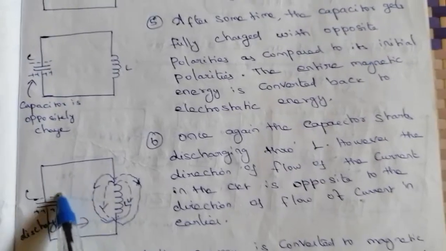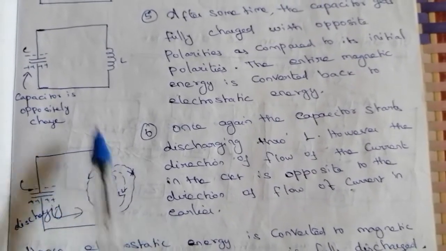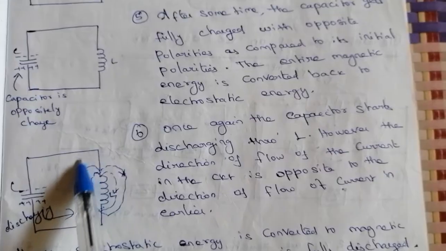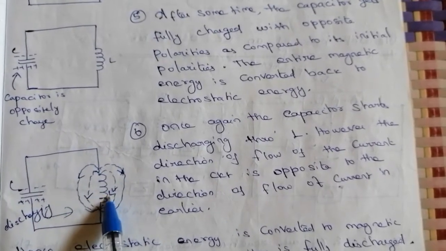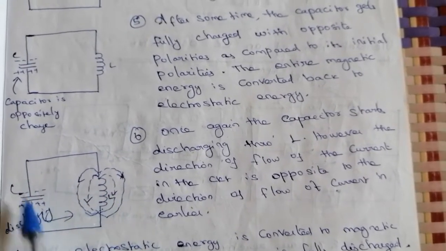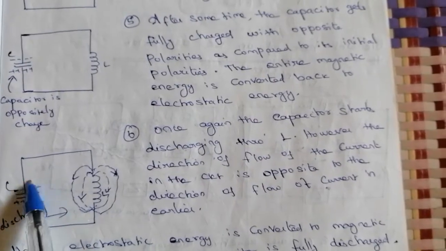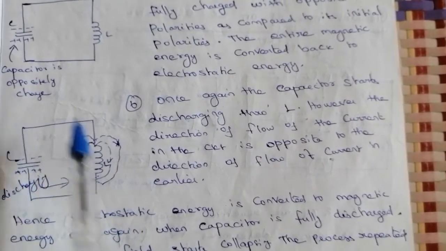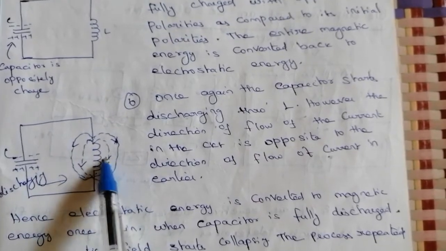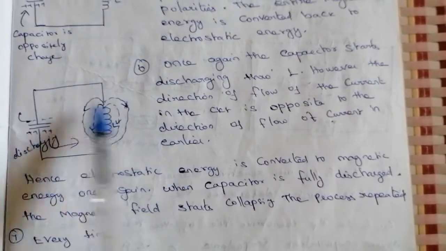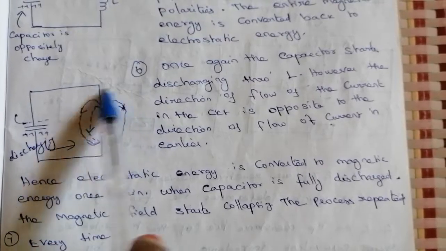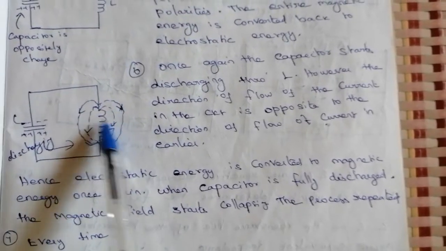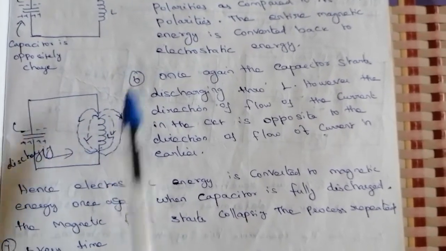Once again the capacitor starts discharging through this inductor, but the direction of current flow is reversed compared to the initial stage, because the polarity has changed. Hence that electrostatic energy is converted into magnetic energy once again when the capacitor is fully discharged. The magnetic field starts collapsing again, and the process repeats the earlier stages.